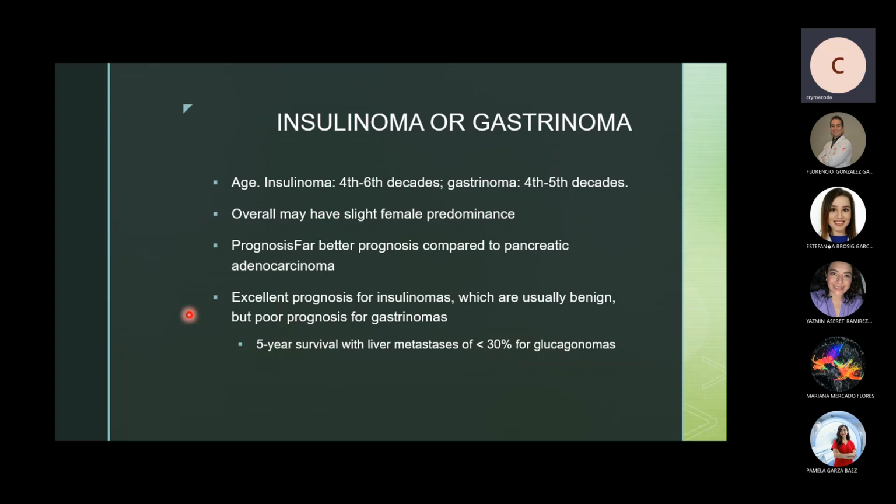Excellent prognosis for insulinomas, which are usually benign, but poor prognosis for gastrinomas, with 5-year survival with liver metastasis of less than 30%.